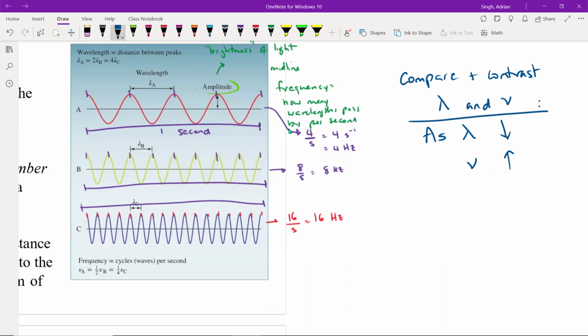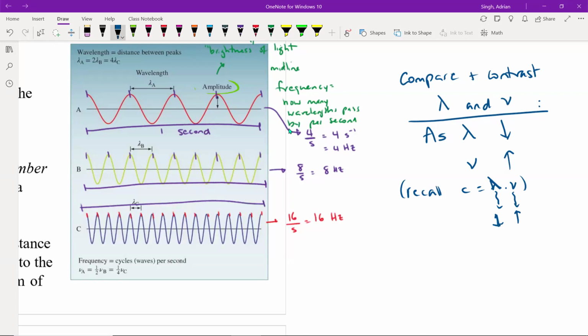And the reason why is because when I multiply these two things, I have to end up with the same number, which is c, right? So remember that equation, c equals the product of the wavelength times the frequency. So if the wavelength goes down, the frequency has to accommodate for that by increasing.